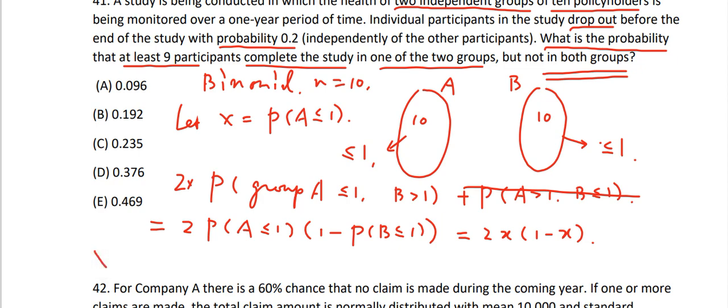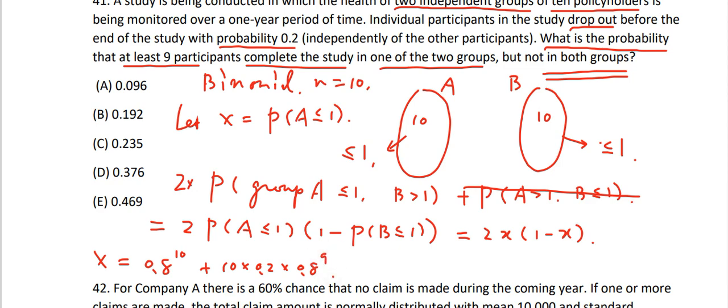So x is from the binomial distribution, where drop is 0.2. Those things happen at most one time among these 10 people. So this equals no drop, each one stays, 0.8 to the 10th, and then one drop, 10 choose 1, which is 10, one drops and the other nine stay.